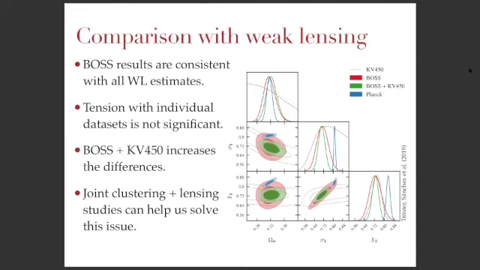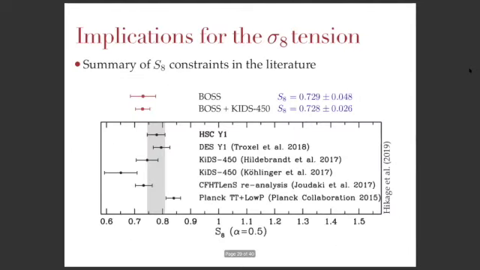Separately they're maybe not statistically significant, but when you combine BOSS and KiDS, then these constraints improve significantly. This is almost a factor 2 improvement in the error. It's a 45% reduction. And the preferred value of sigma 8 is lower than the Planck value.